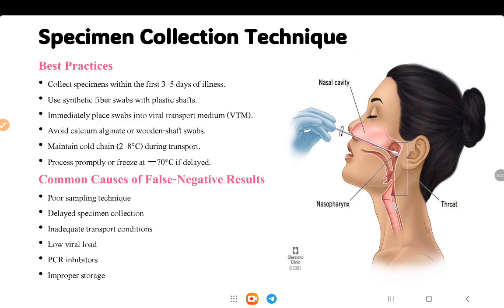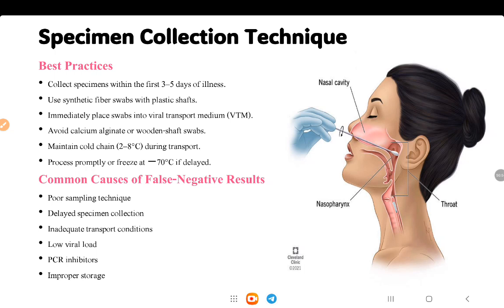Next is the technique for collecting samples. Best practice here: collect the sample within the first 3 to 5 days of illness. Use a fiber swab with a plastic shaft to move easily inside.